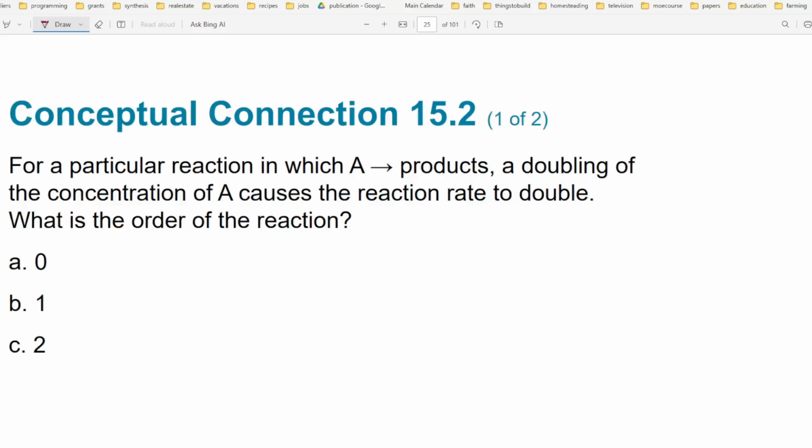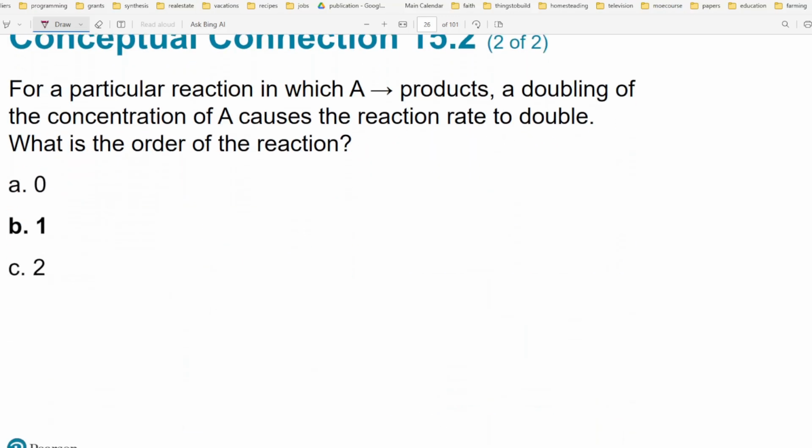For a particular reaction in which A is forming products, a doubling of the concentration of A causes the reaction rate to double. What is the order of the reaction? The order of this reaction is 1 because the rate is equal to some k times the concentration of A to the first power. So doubling the concentration has the effect of doubling the rate.